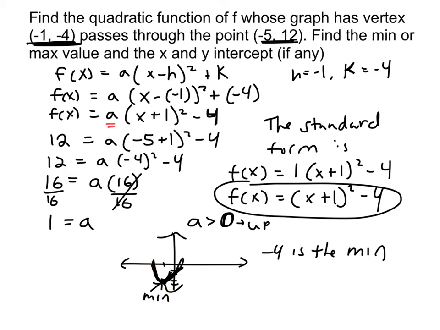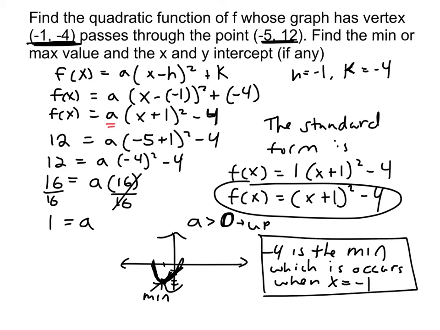So the min is -4, which occurs when x equals -1. Whenever you say your min, you should always say where it happens, so give the corresponding x value.